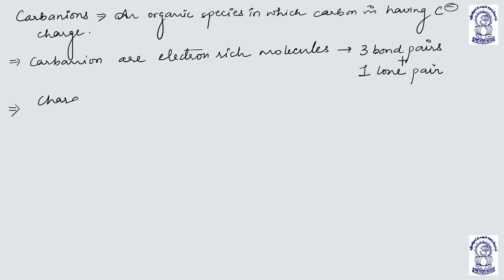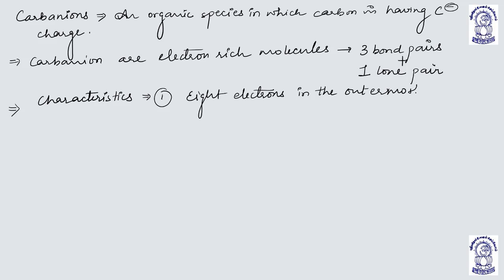Now we will discuss the characteristics. First is the carbon is carrying 8 electrons in the outermost orbit. Means octet is complete. It behaves as a charged molecule.